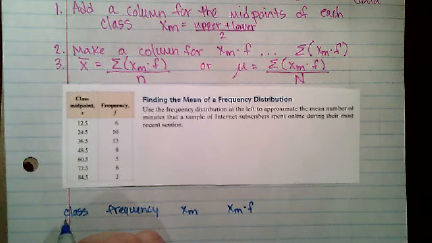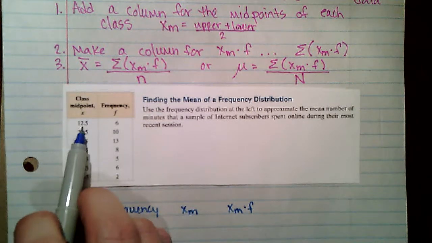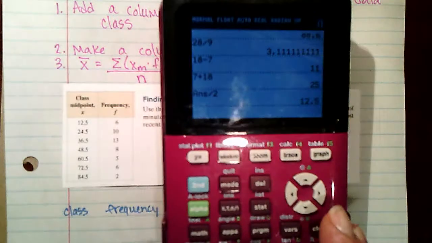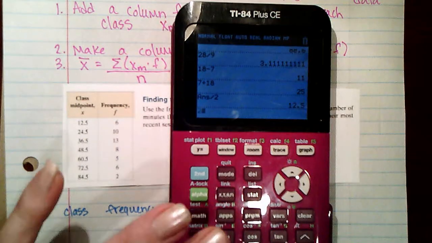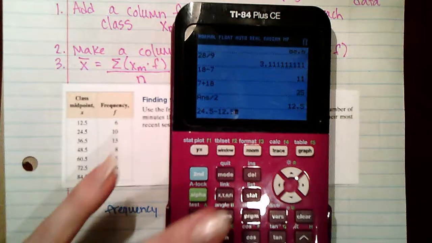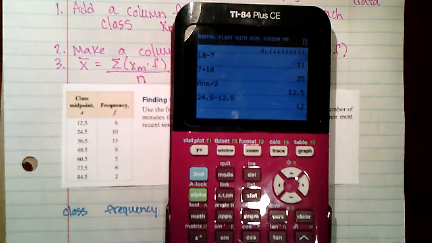So for my classes, if my class midpoint was 12.5, and then my next class midpoint is 24.5, then what that tells me is 24.5 minus 12.5. It tells me that my class width is 12.